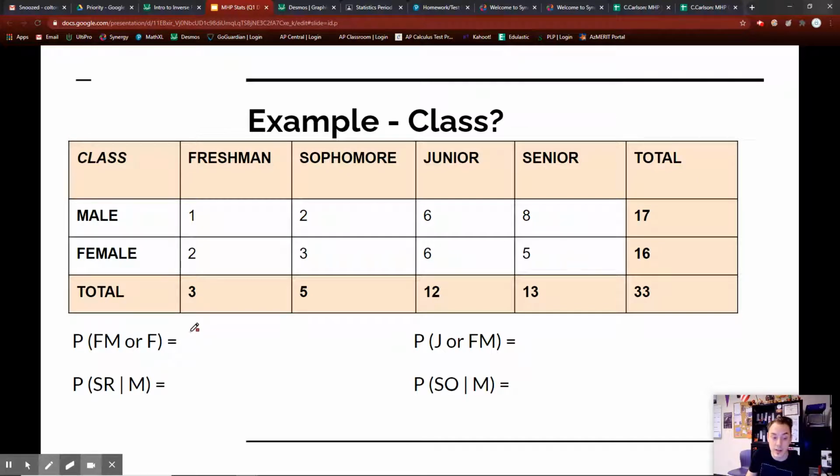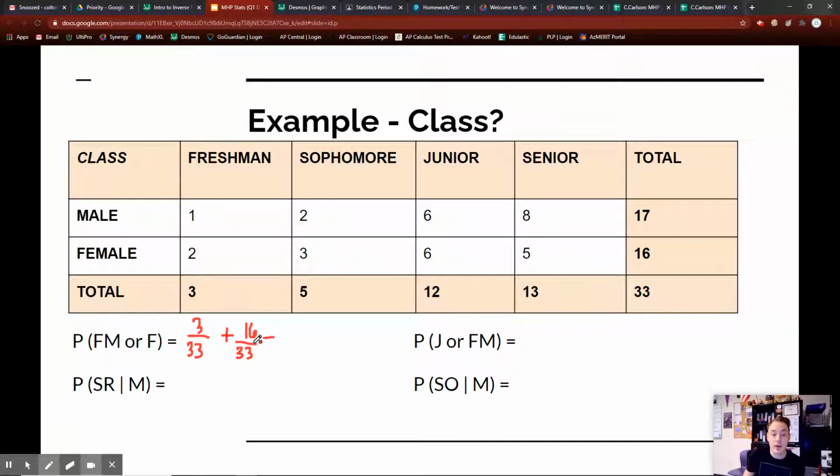FM will stand for female, F will stand for freshman. So what it's saying is, what's the probability of finding freshman or female? Okay, so freshman is 3 out of 33, or, so plus, female. So female is 16 out of 33. Now, can you be a freshman or a female at the same time? Well, yes, you can. So that's when we have to subtract the overlap.